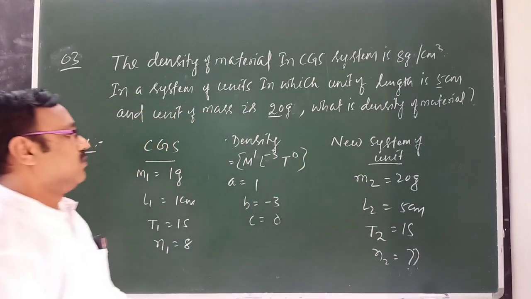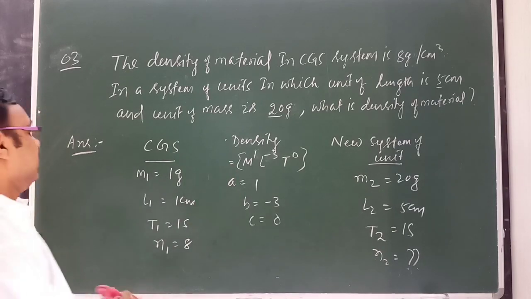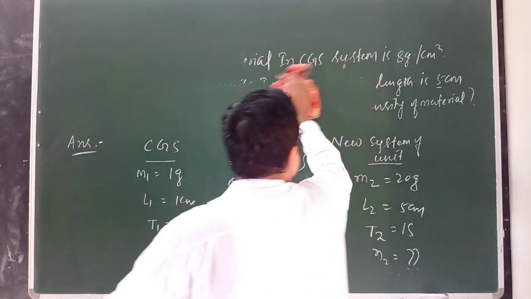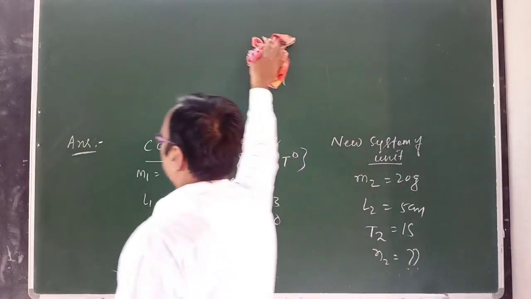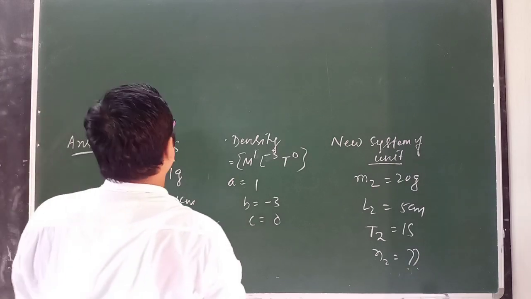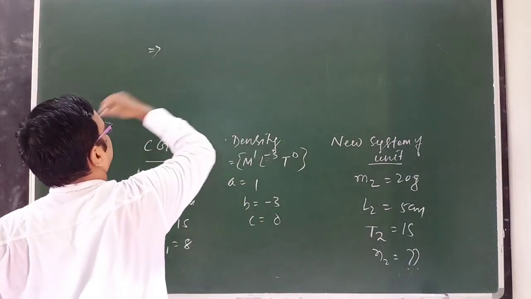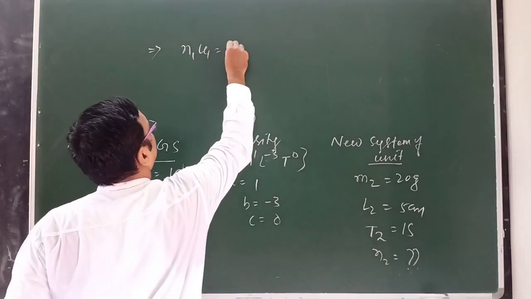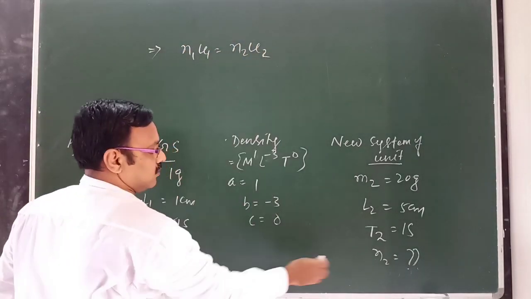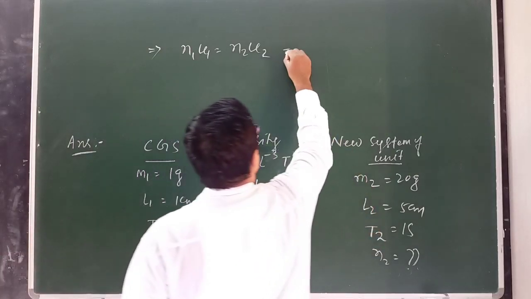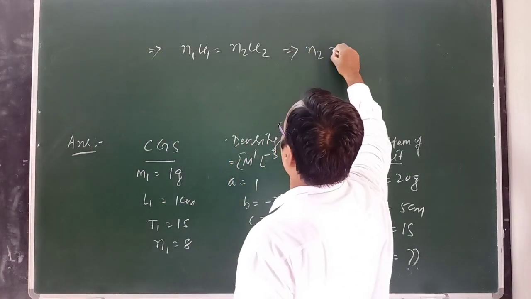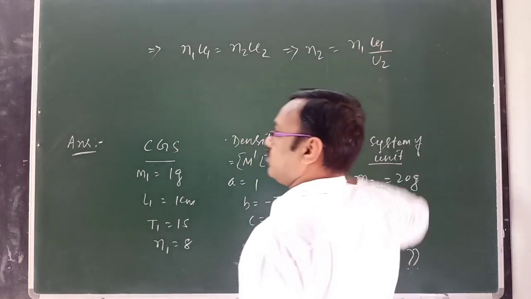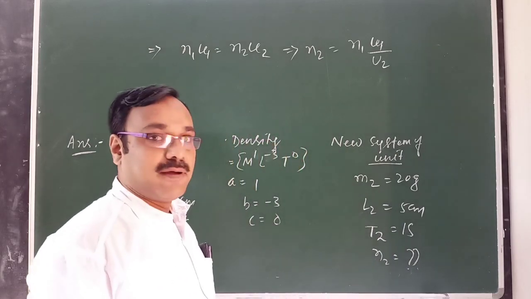So you just take this one first. I am now erasing this portion. Students, as we know, n1 u1 equals n2 u2. I have already told you in previous classes, n1 u1 equals n2 u2, and here the question is to find n2. That means n2 equals n1 u1 by u2. And u1 is M1 to the power a, L1 to the power b, T1 to the power c.